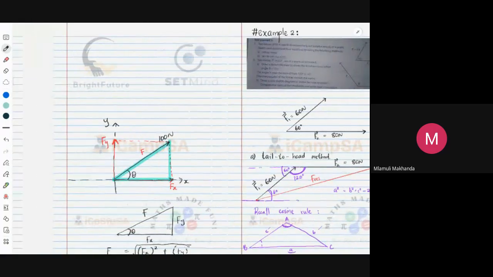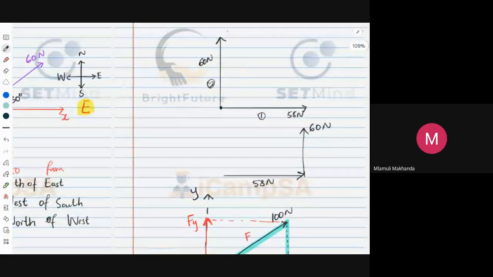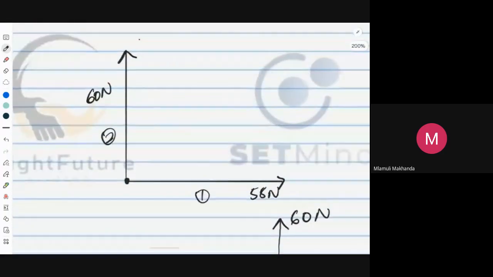And then what we also mentioned is that it depends on the configuration you are given, and by configuration, I mean just the arrangement of the vectors. Remember, you can be given vectors that are joined tail to tail, right? And if you are told to use tail to tail, it means you have to use the parallelogram method, where you first draw a line parallel to the first vector, and another line parallel to the second vector.